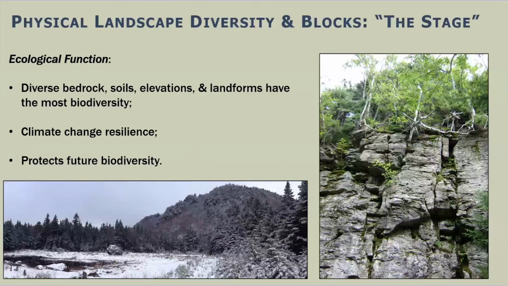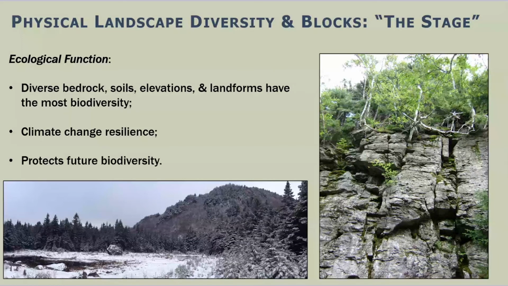You'll also see two layers in the landscape level that are physical landscape diversity and physical landscape blocks. And these are the diverse bedrock soils, elevations, and landforms in Vermont. And we know through inventory that the most diverse biophysical areas tend to have the highest numbers of overall species.